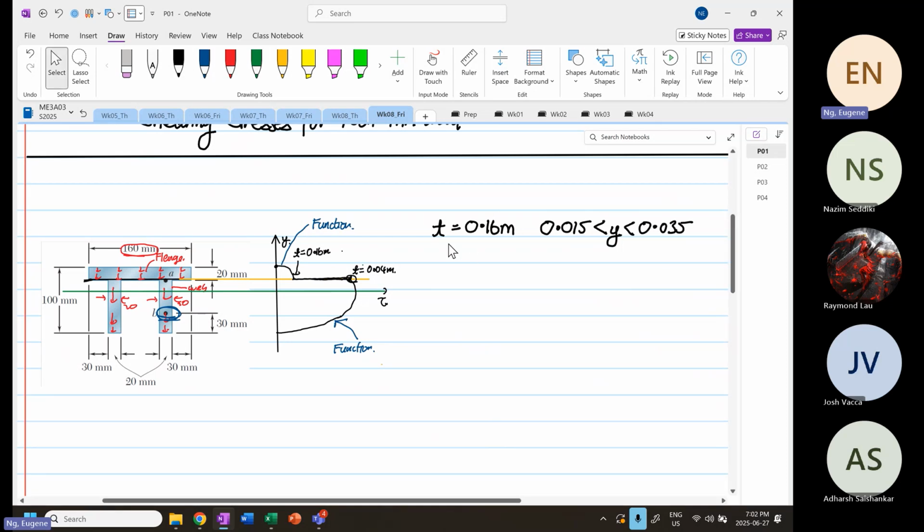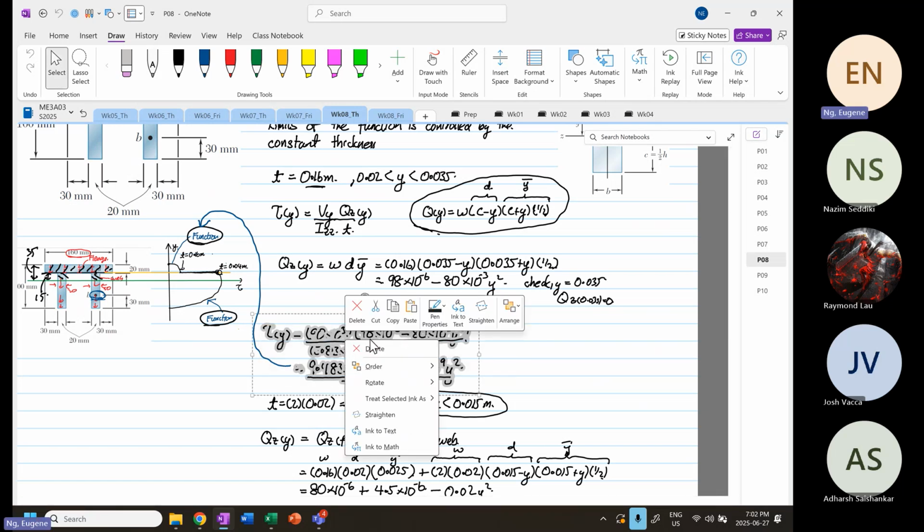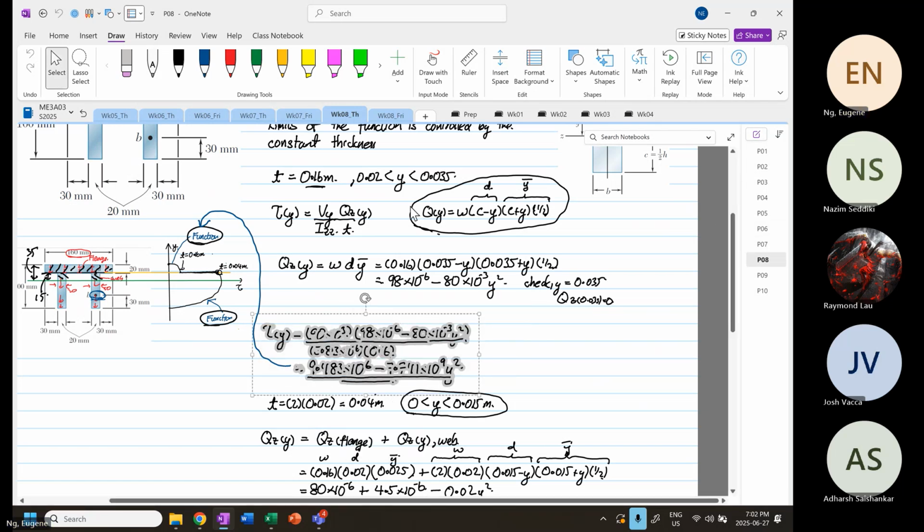So we have derived the formula, and this is the first function that has those limits.